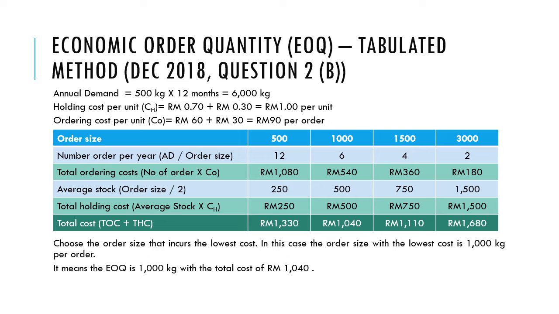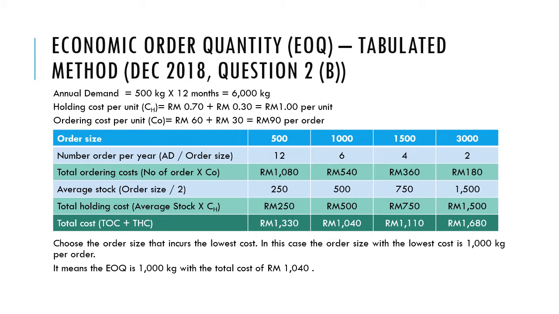It means that it must be material A9, not the product. The annual demand for A9 is 500 kilograms per month times 12 months. How do I know it's 500 kilograms per month? The question says constant demand of 500 kilograms per month. So the annual demand here is 6,000 kilograms.